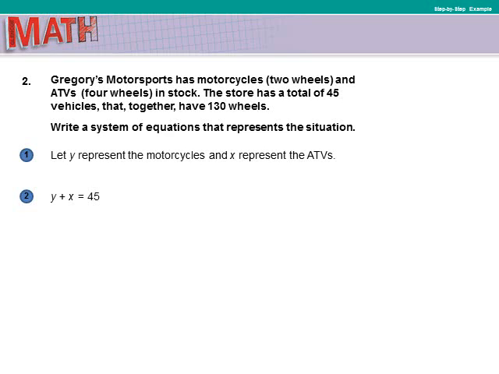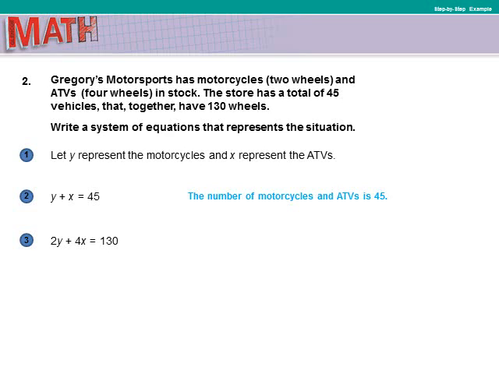Again, here it's representing the motorcycles as Y and the ATVs as X. So I have Y plus X equals 45. The ATVs, which is X, are four-wheeled, and the Y is two-wheeled. So I have 2Y plus 4X, which is the number of wheels in each one of them.